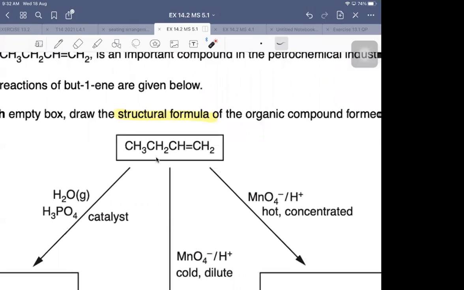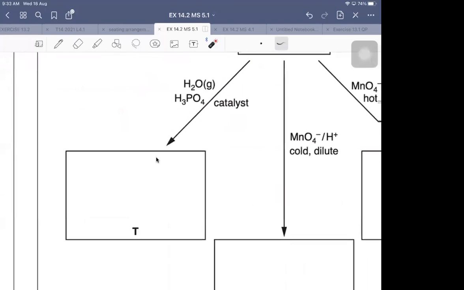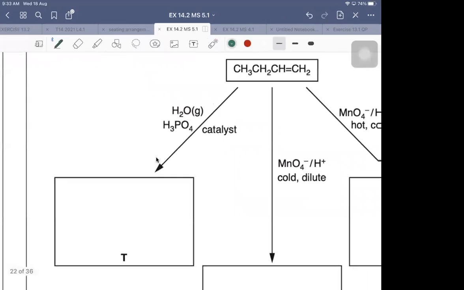I don't know if you remember this, but when you add water, you add hydrogen to one carbon and OH to the adjacent carbon. Or you can swap the position as well. Now, which one is correct? The more stable product is when you have the hydroxy group on the second carbon.